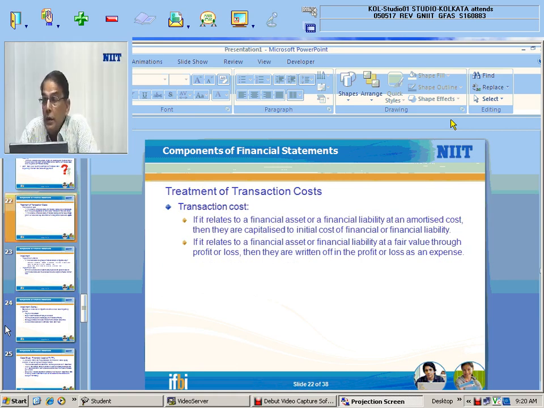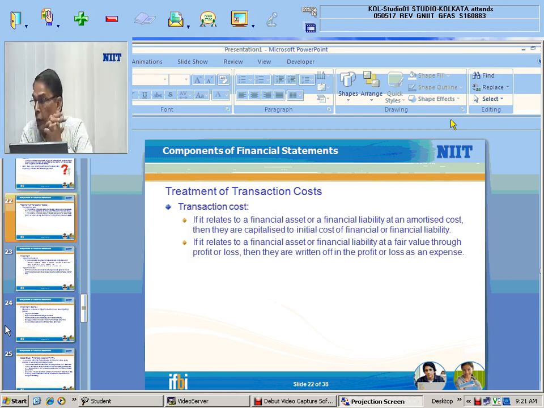So the treatment of transaction cost: if it relates to a financial asset or a financial liability at amortized cost, then it is capitalized to the initial cost of the financial asset or financial liability. If it relates to a financial asset or financial liability at fair value through profit and loss, then it is written off in the profit and loss as an expense.